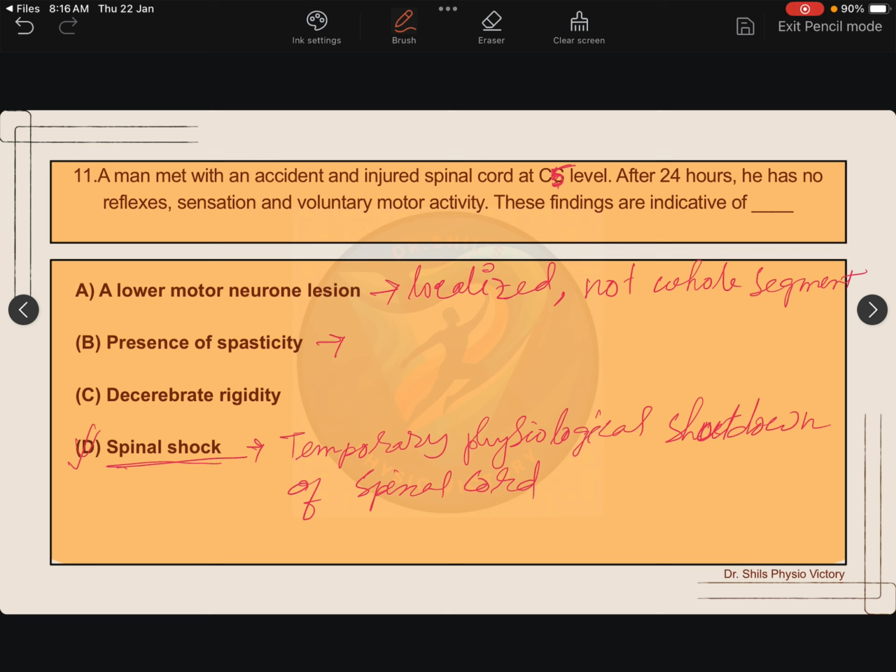Spasticity appears after spinal shock, and decerebrate rigidity is due to a brainstem lesion.